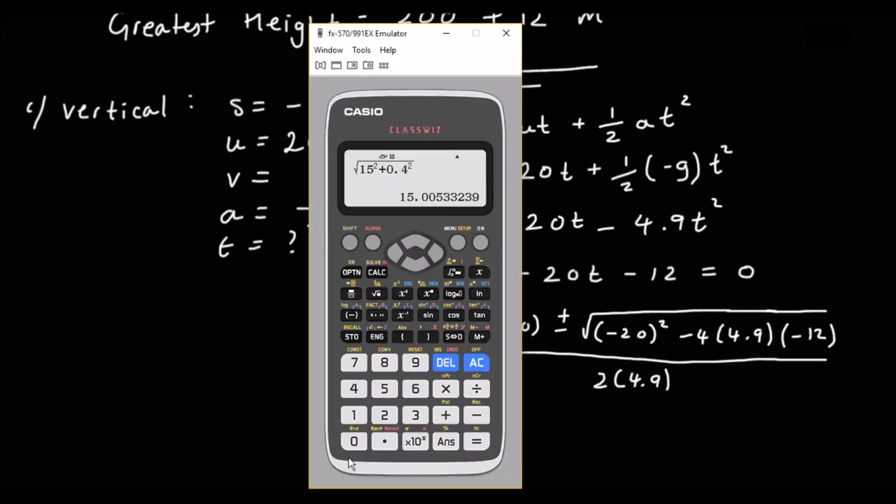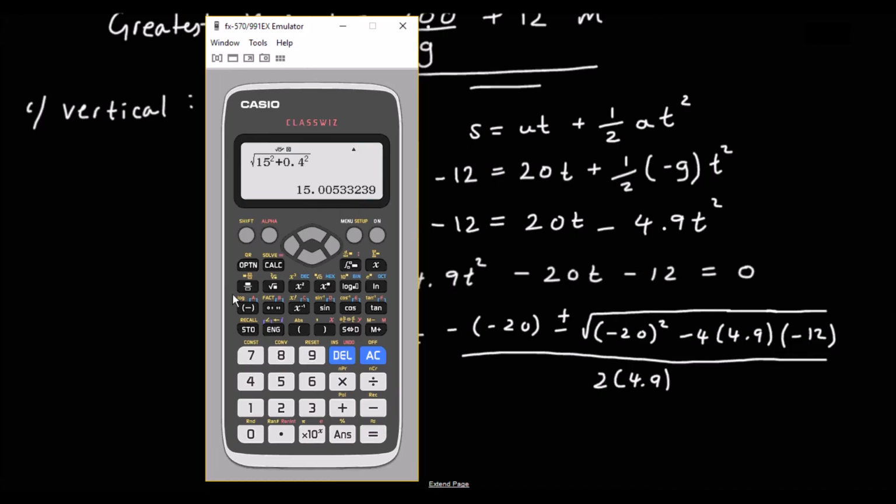And we're going to type it into the calculator. So we've got minus b, do the plus first, the square root of minus 20 squared minus 4 times a times c, which is minus 12, over 2a, which is two 4.9s.